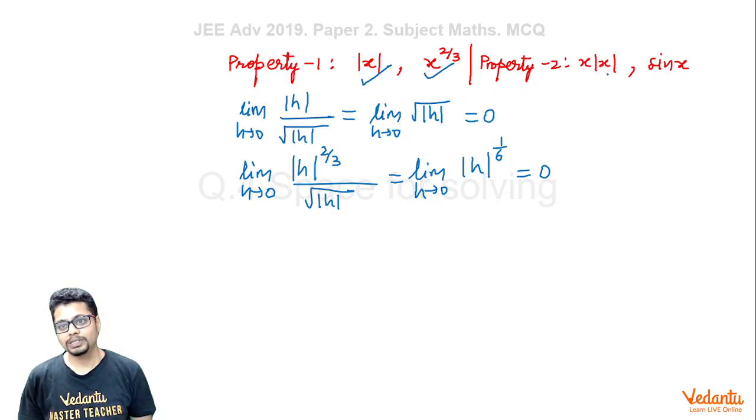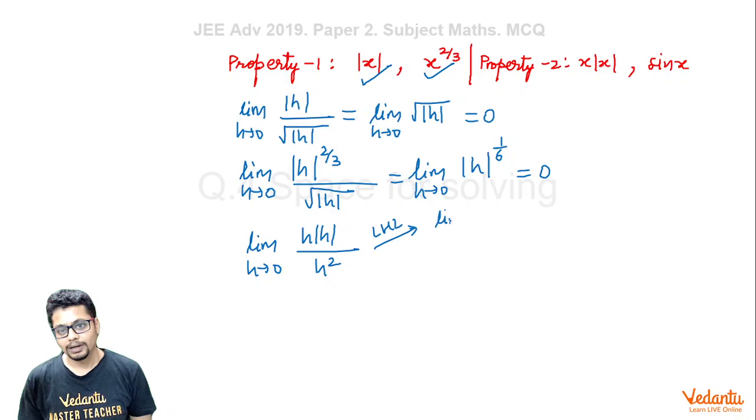Now let's explore these two functions, whether they have property 2 or not. Limit h tending to 0, f of h would be h mod h. f of 0 is 0, so minus 0 would not make much difference, divided by h square. Now if you see carefully, if you consider the left hand limit, h tending to 0 from the left, this mod h will open with a minus sign and the limit becomes minus 1.